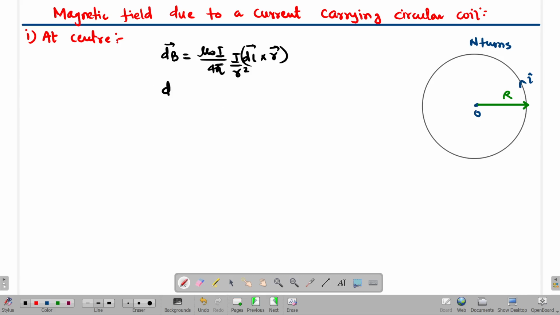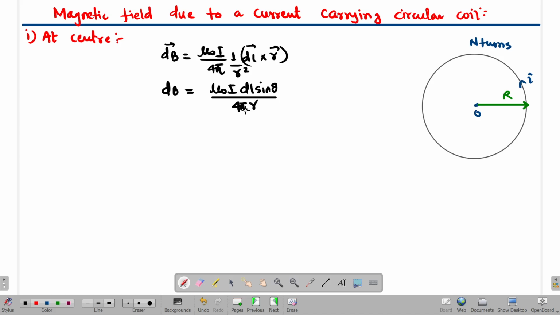In simple terms, in non-vector form, it is mu naught I by 4 pi, I dl sine theta by r square. This is the form, isn't it? Correct now?